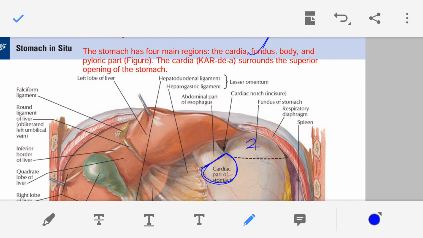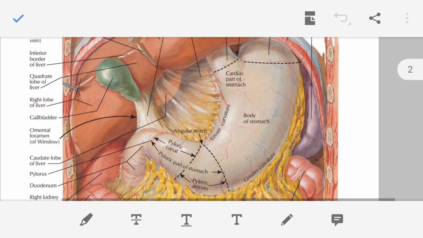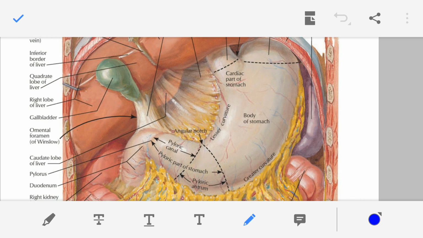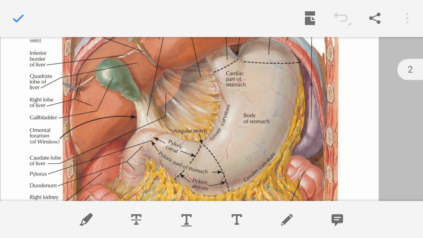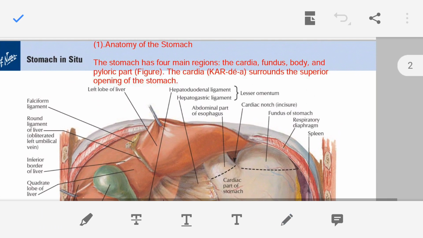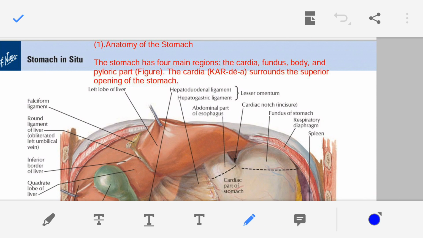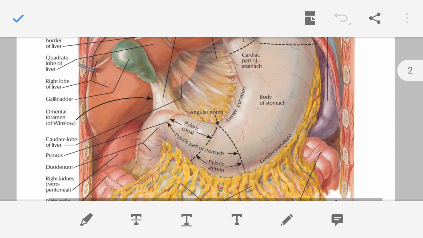So this one is the fundus. The third region, with the dotted line, this part is the body of the stomach, and the final part is the pyloric part.